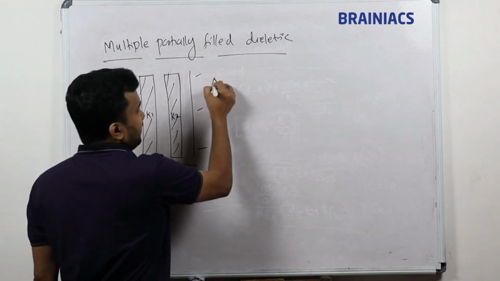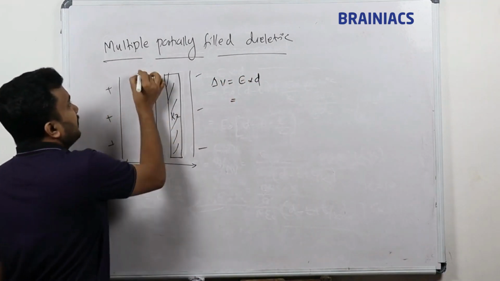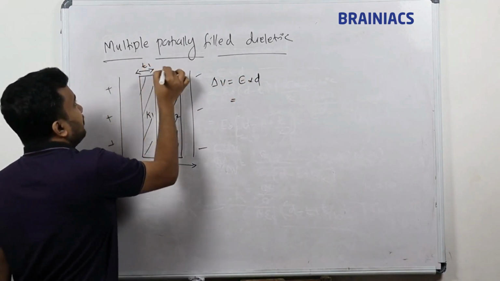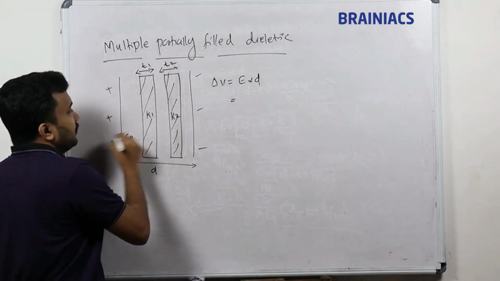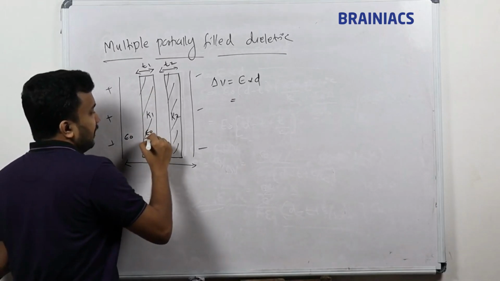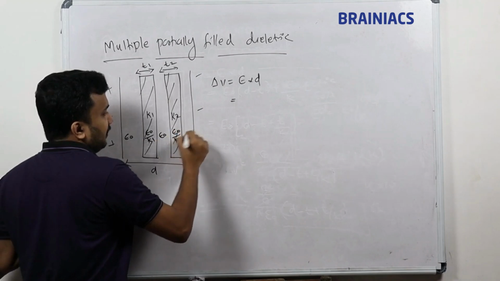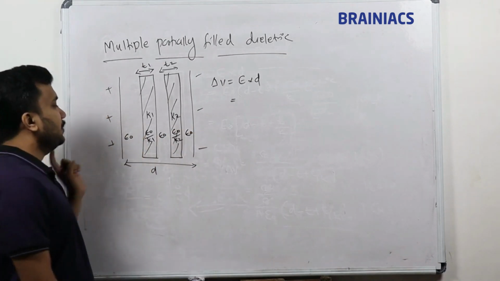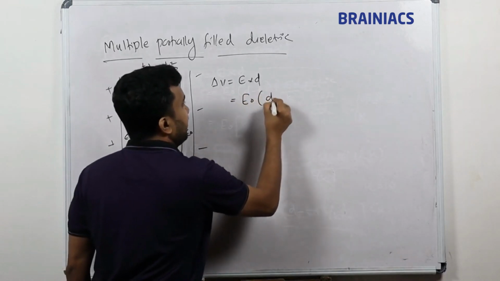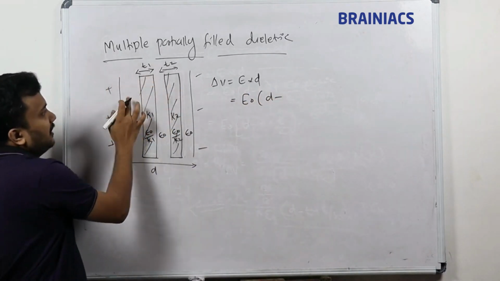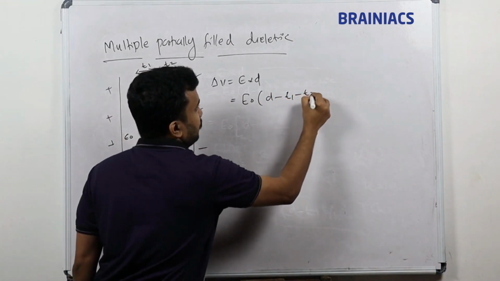What's the starting step? Delta V is equal to E into D. This thickness is taken as T1, this thickness is taken as T2. So here we have E0, here we have E0 by K1, here E0, here E0 by K2, and here E0 as the electric field. So E0 will be there in three places. First I will write for E0: E0 into D minus, what is this gap, this gap, this gap? Total D minus T1 minus T2.